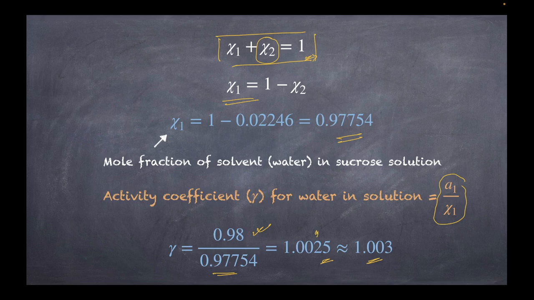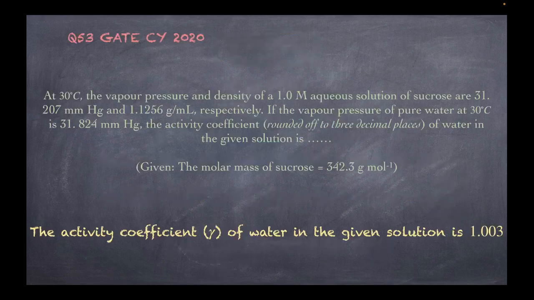So if it is 5 or greater than 5, then we can round up the third decimal place value plus 1. So 1.003, 2 plus 1 equals 3. If it is below 5, then we have to keep the value 1.002 only. So the correct answer is that the activity coefficient of water in the given solution is 1.003.